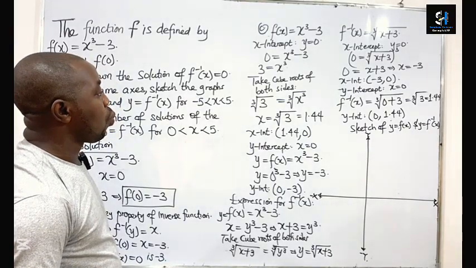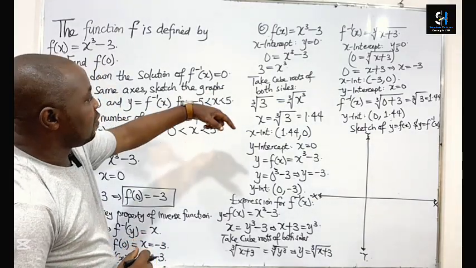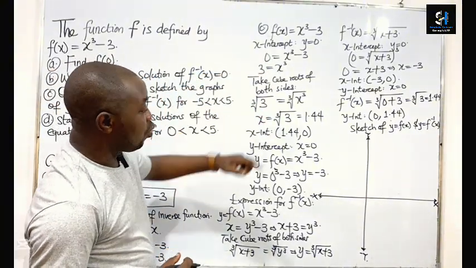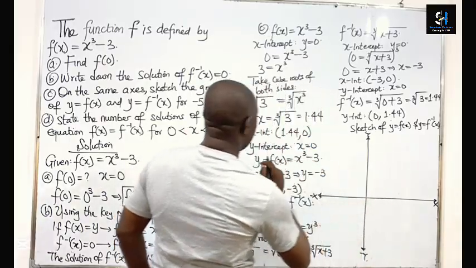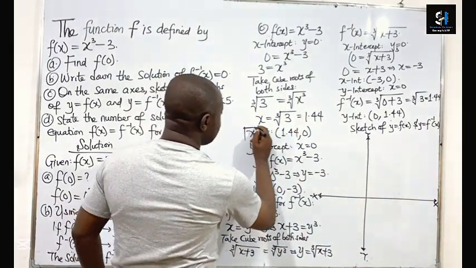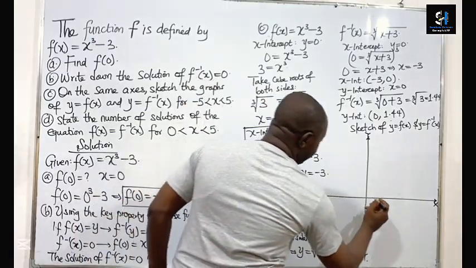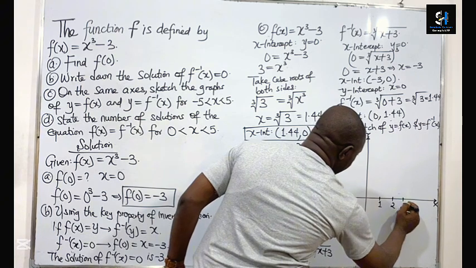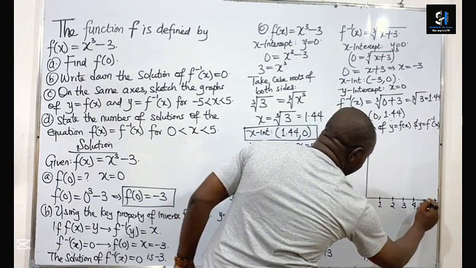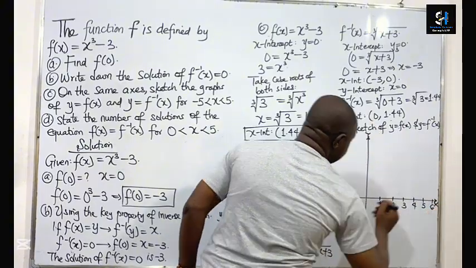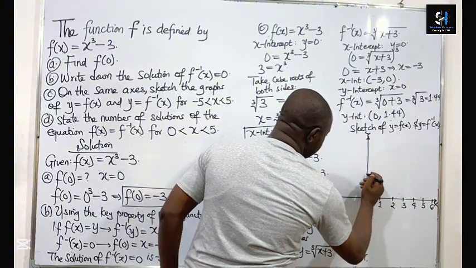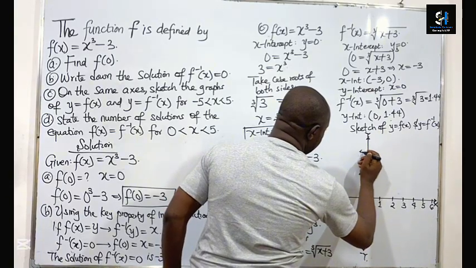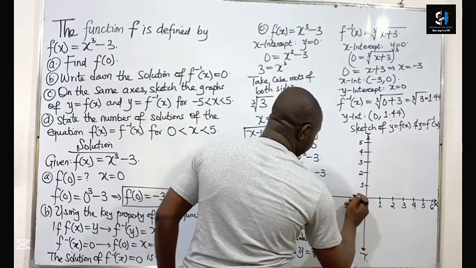For f of x, let's start with f of x. When the value of y is 0, x is 1.44. Let's say this is 1, 2, 3, 4, 5, then 6, and this is also 1, 2, 3, 4, 5.